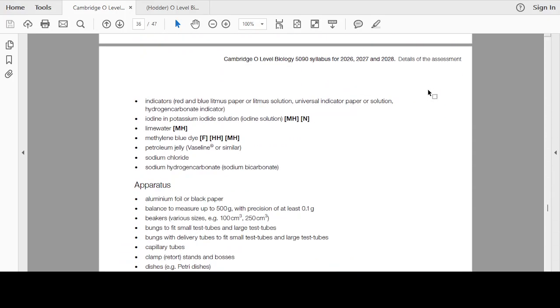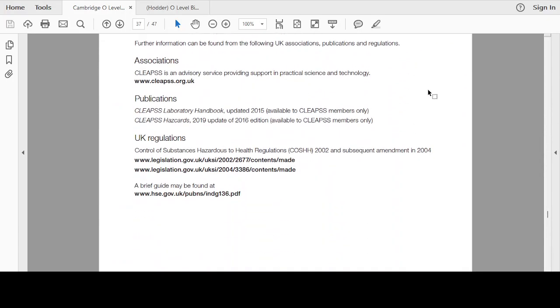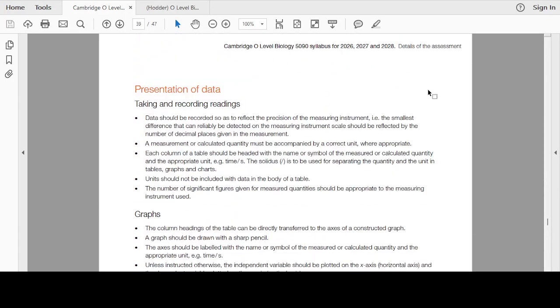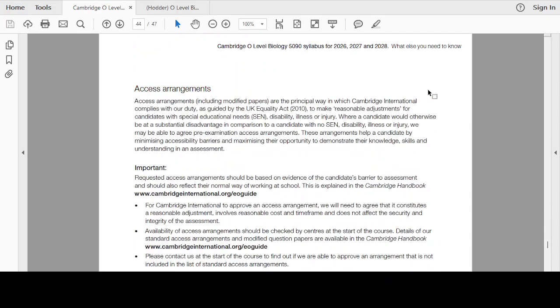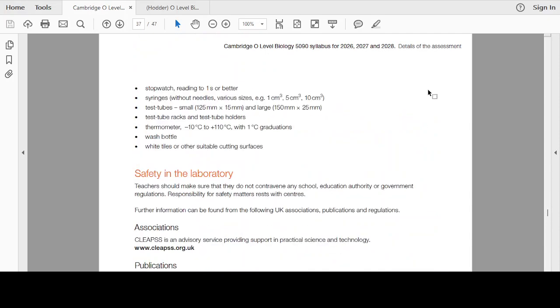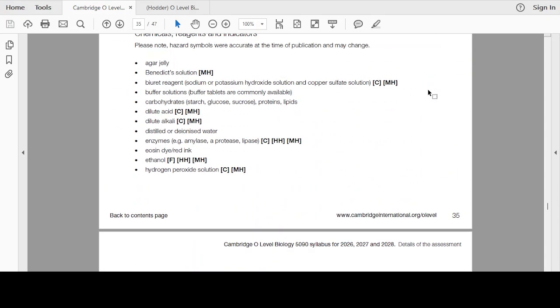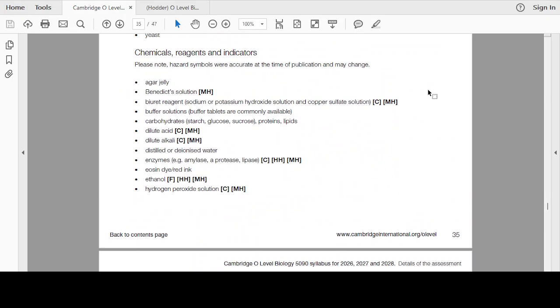And so I believe they're given somewhere later. Yeah, no, because I do not remember these by heart. Right, C is corrosive and MH is mildly hazardous.